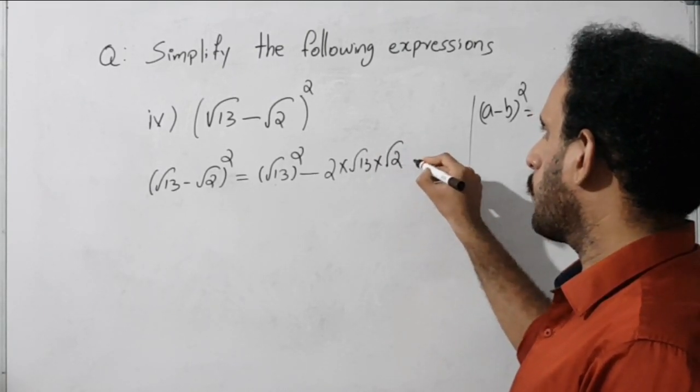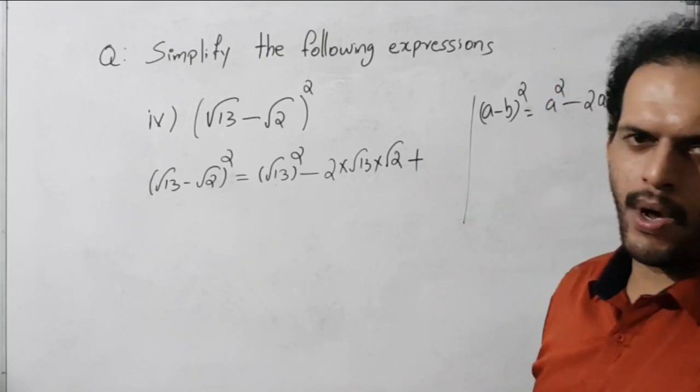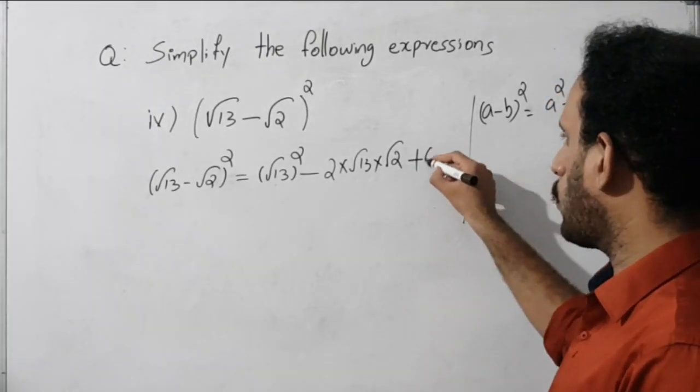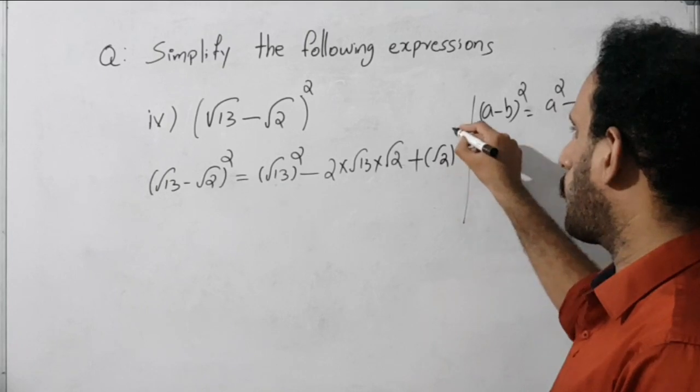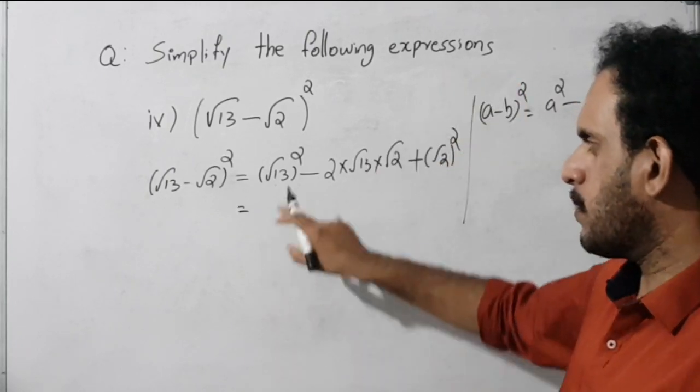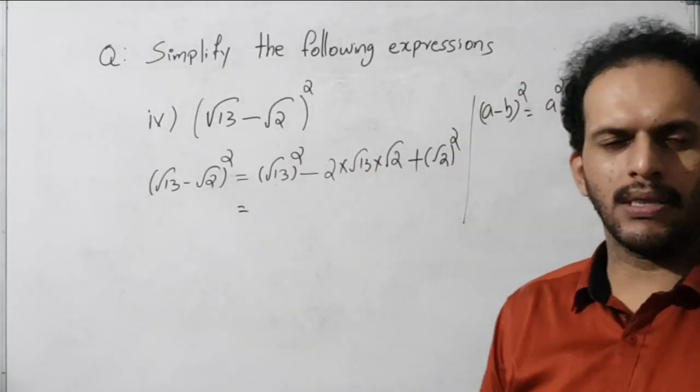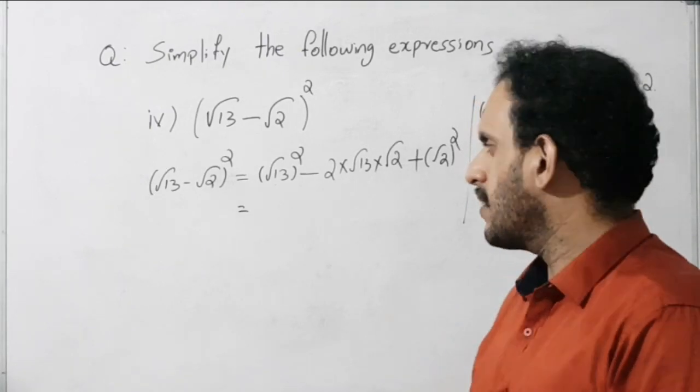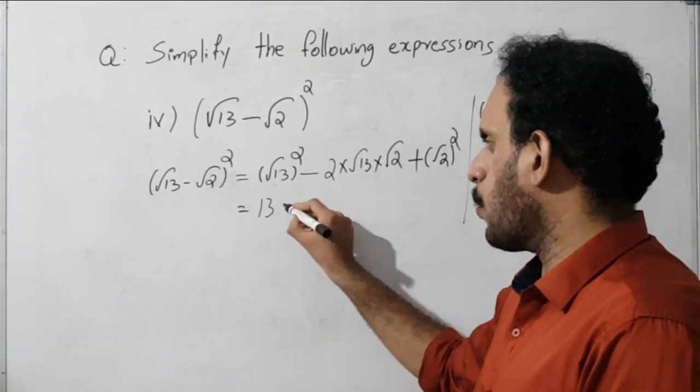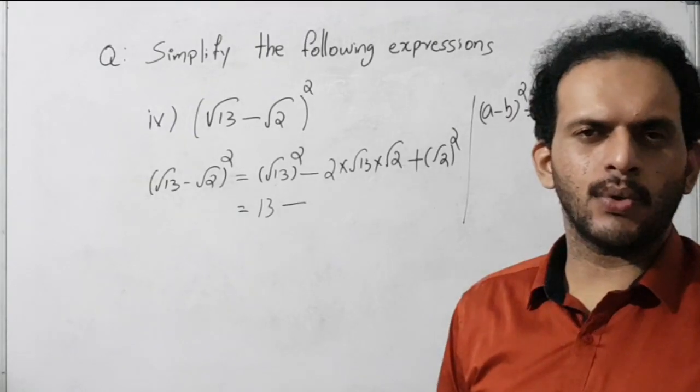Root 2, plus b square, what is b square? Root 2 whole square. What is root 13 whole square? Root 13 whole square is equal to 13. Correct? Root a whole square is equal to a.